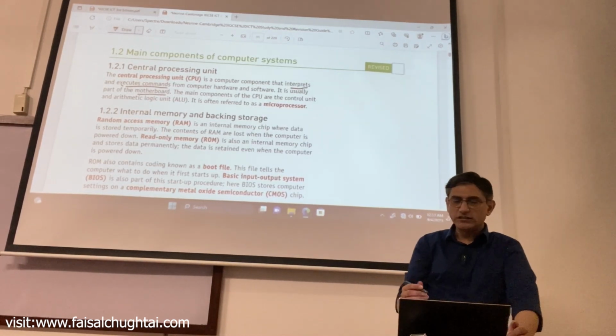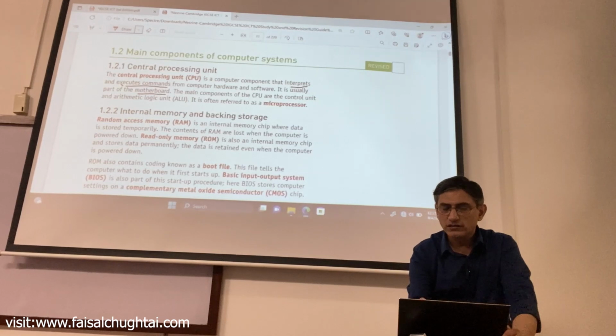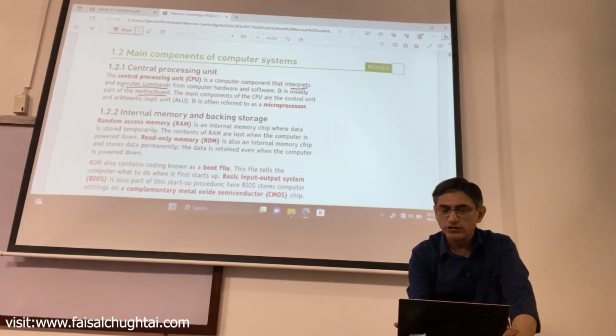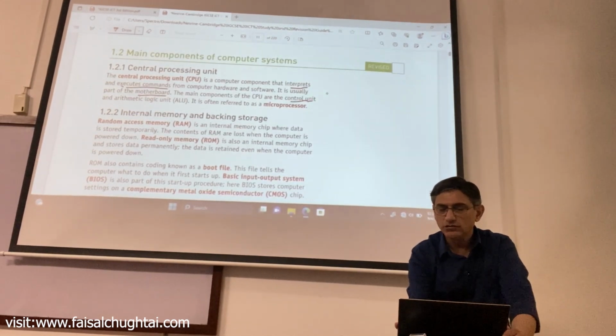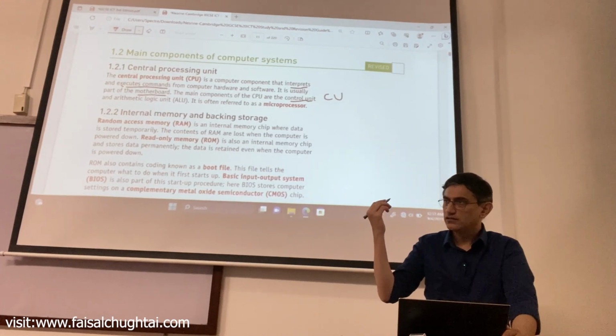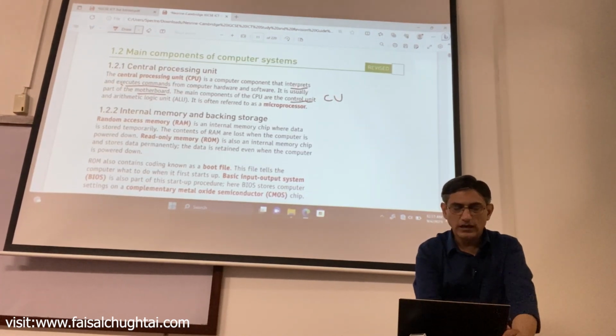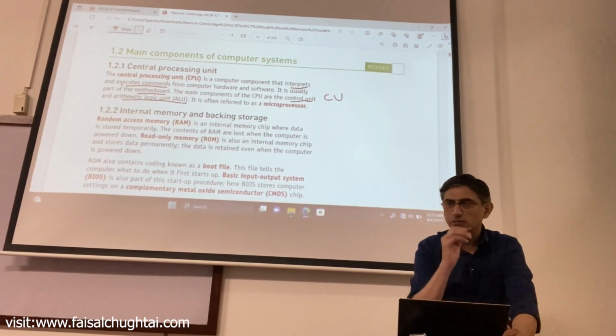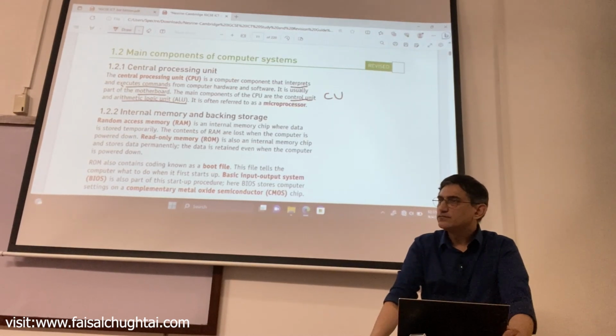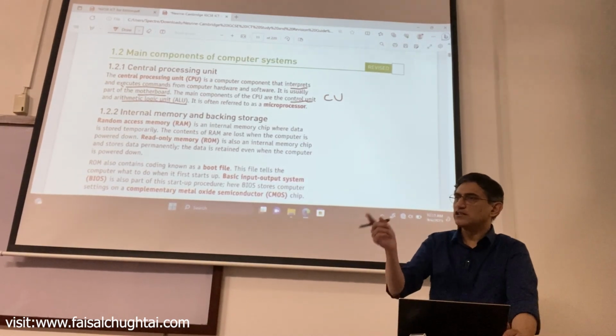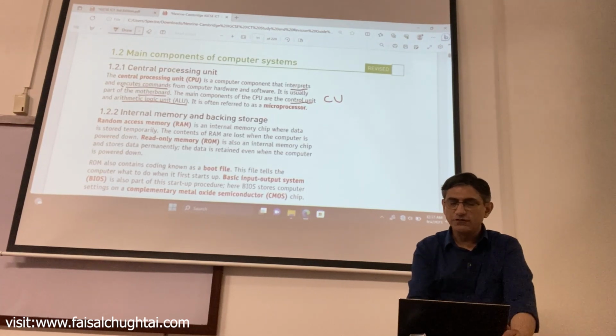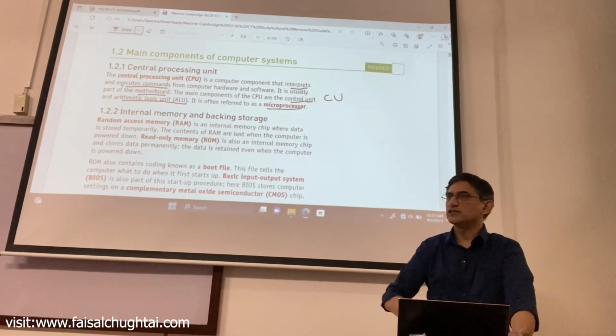The main components of the CPU are the control unit, CU, the one that I wrote there, and the arithmetic and logic unit, or ALU. And of course, alongside there is RAM as well. It is often referred to as the microprocessor.